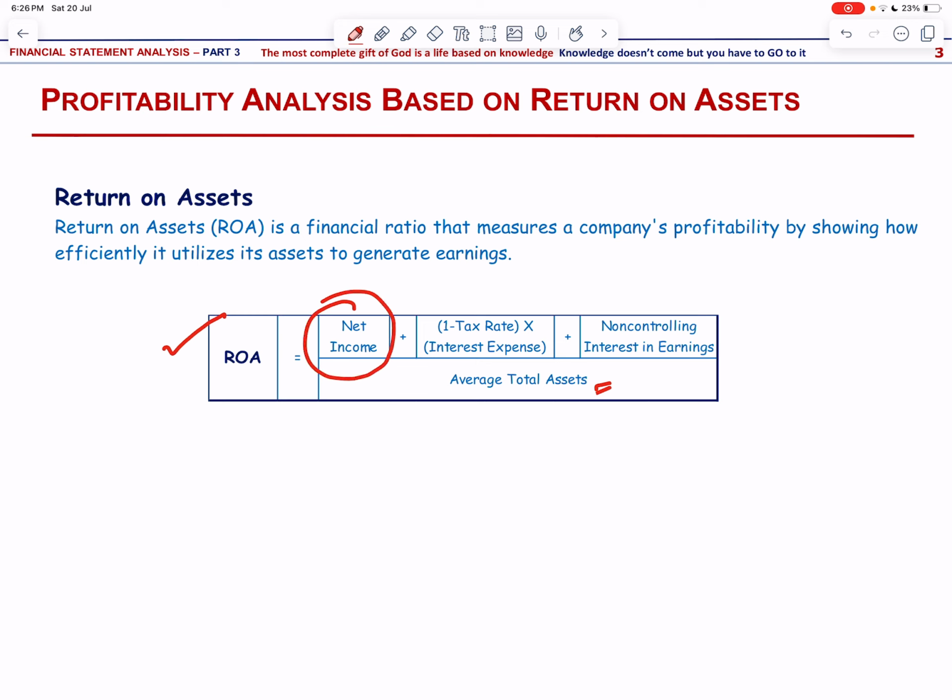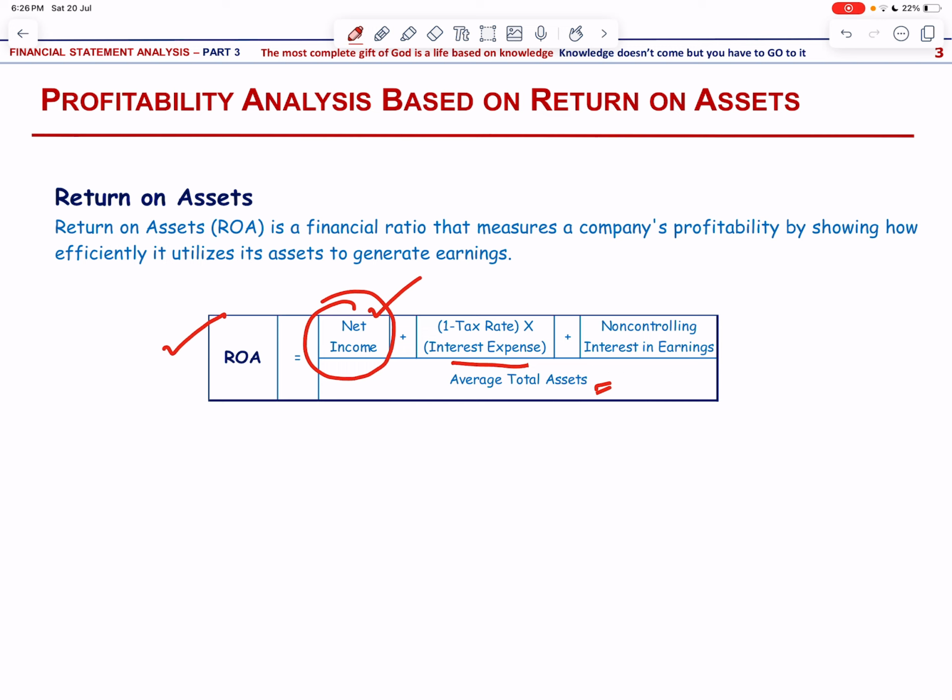Return on assets evaluates a company's profitability by focusing on net income before accounting for financing costs like interest expenses. Interest expenses are added back to net income in return on assets calculations because they are deducted when calculating taxable income. The tax benefit from interest expenses depends on the statutory tax rate of the country where the debt is issued. For instance, the federal statutory tax rate in the United States is 35%.